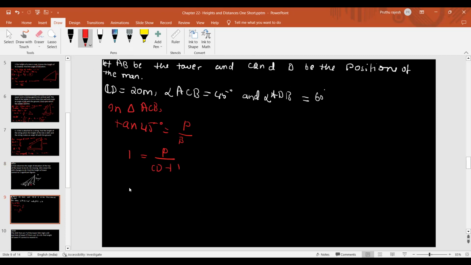So 1 equals P over 20 plus BD. Now we have to figure out P: P equals 20 plus BD, or BD equals P minus 20. So we figured out the first equation.